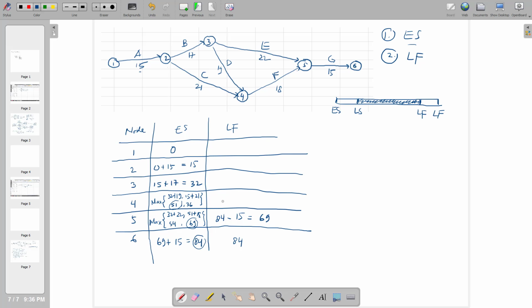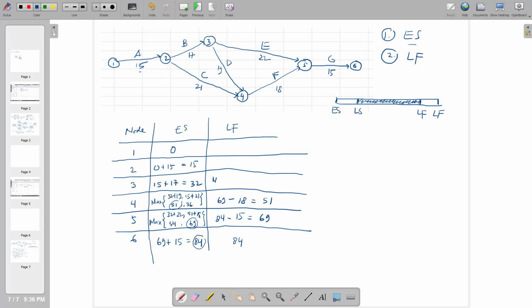Yeah, it is correct. So node number 4 is 69 minus 18, which is equal to 51.